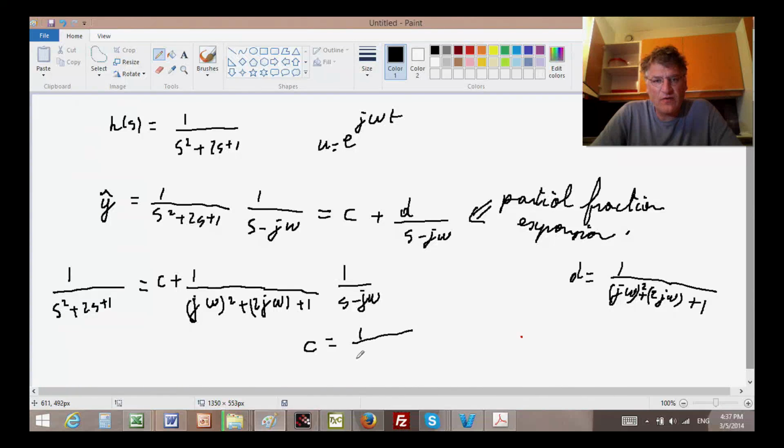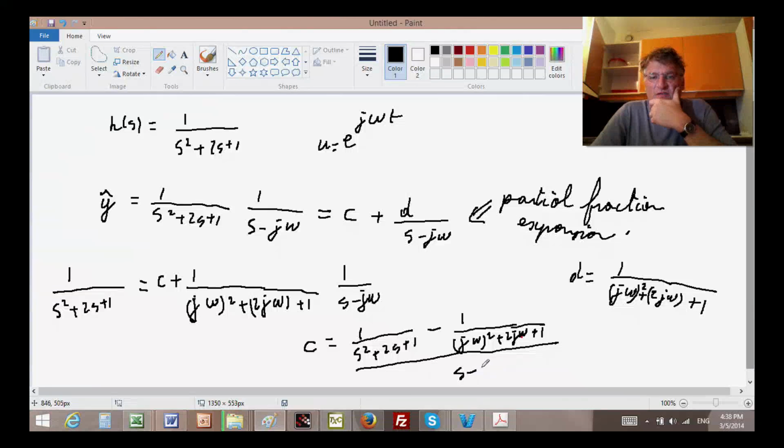1 over s squared plus 2s plus 1 minus 1 over j omega squared plus 2j omega plus 1, divided by s minus j omega.